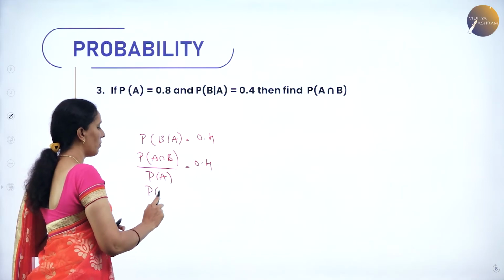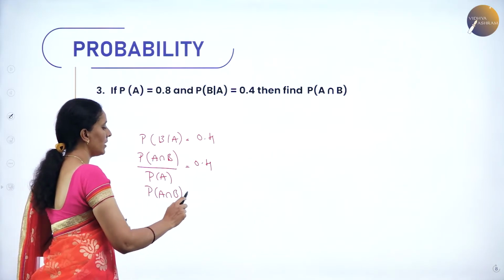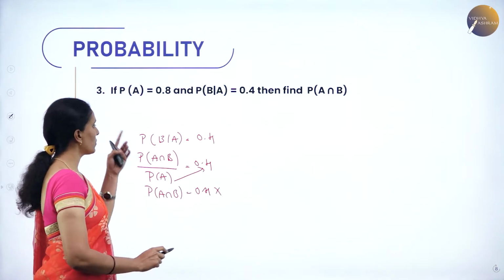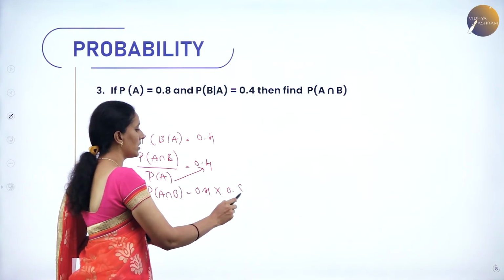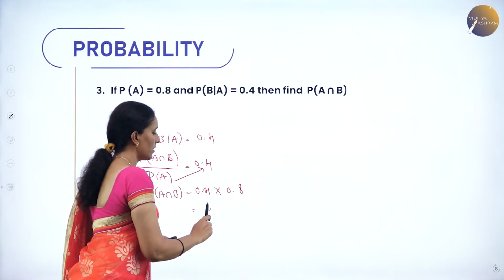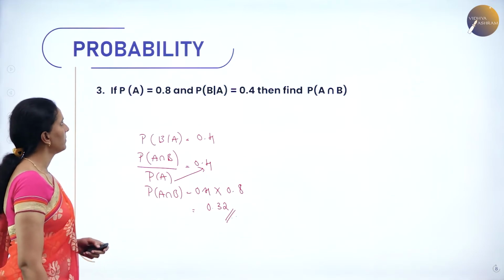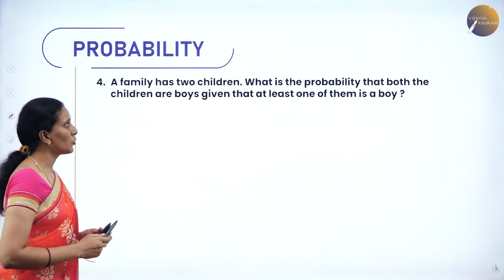Now we need to find out probability of A intersection B, which is equal to 0.4 into, when P of A goes there, whose value is given there, 0.8, 0.32. Next one. A family has two children.